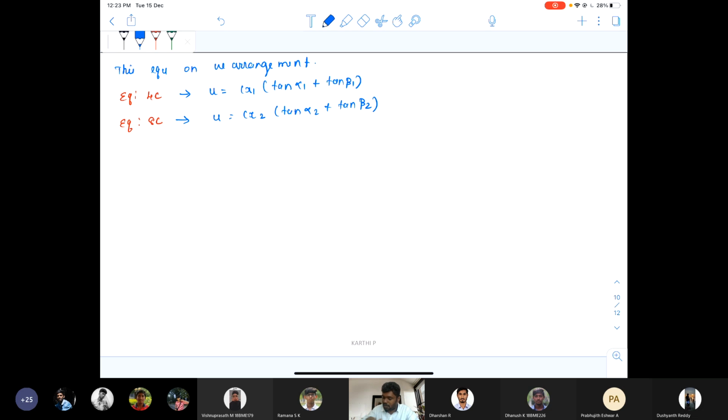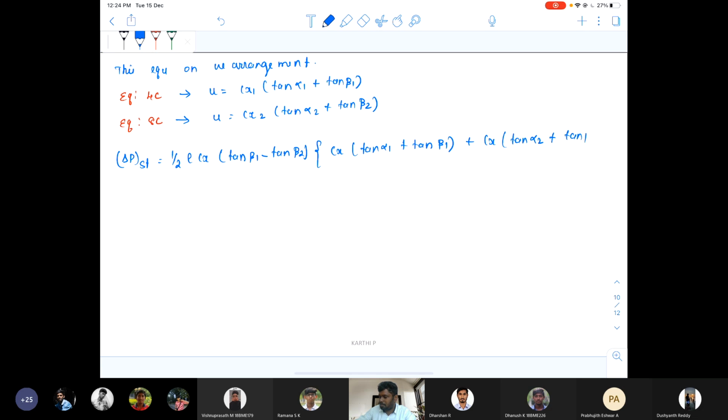By substituting these values in the above equation, delta P of stage will be equal to 1 by 2 times rho Cx into tan beta 1 minus tan beta 2 into Cx into tan alpha 1 plus tan beta 1 plus Cx into tan alpha 2 plus tan beta 2.